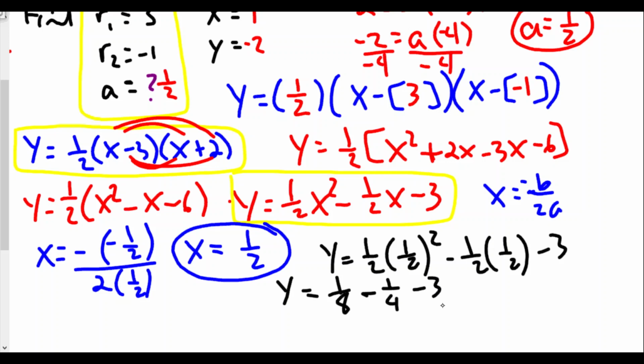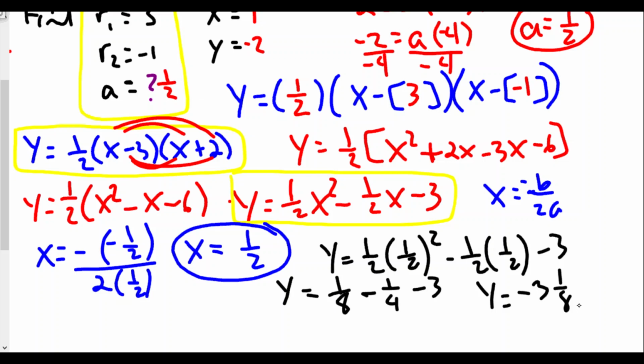Now 1/8 minus 1/4 minus 3. Oh man, that's going to be a little bit tough, right? Well, 1/8 minus 1/4 is negative 1/8. And negative 1/8 minus 3 is negative 3 and 1/8. Okay?